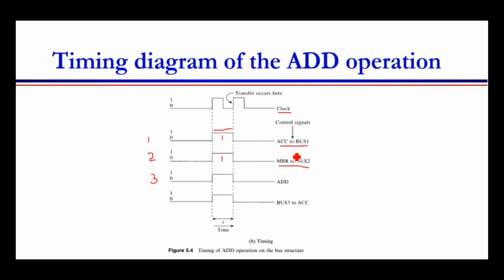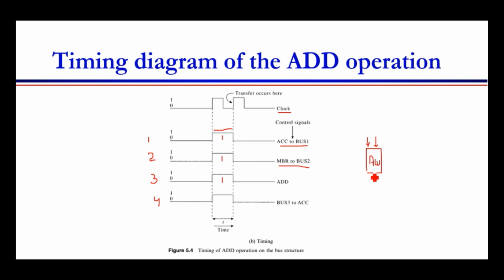Whenever both data from accumulator and MBR reach the ALU, arithmetic and logic unit, the add control signal will be active, and whenever it is activated, both data from accumulator and MBR will be added, and the control signal 4, that is bus 3 to accumulator, will be responsible to transfer data from ALU to the accumulator.